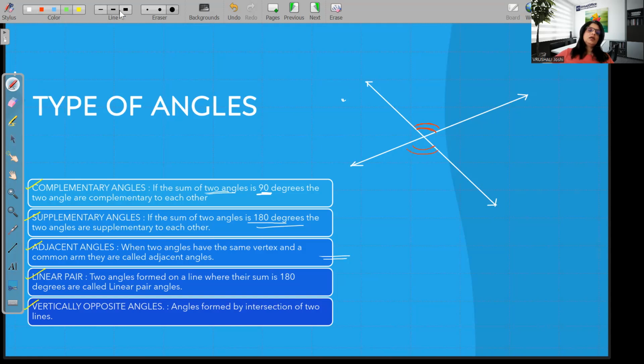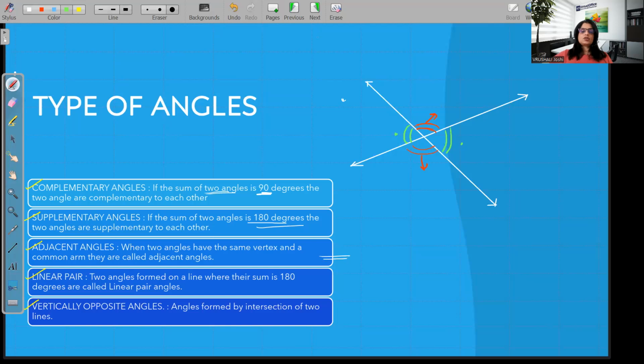At the same time, it also forms this angle and this angle. The intention of using the colors is that this red angle, this and this, they are vertically opposite. Opposite, you see, vertically, correct? And these two are also opposite. So vertically opposite angles are angles which are formed by the intersection of two lines.